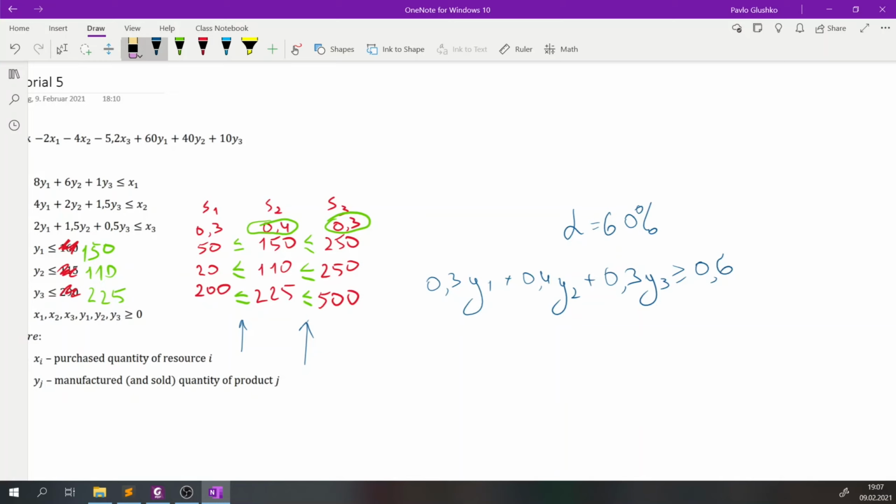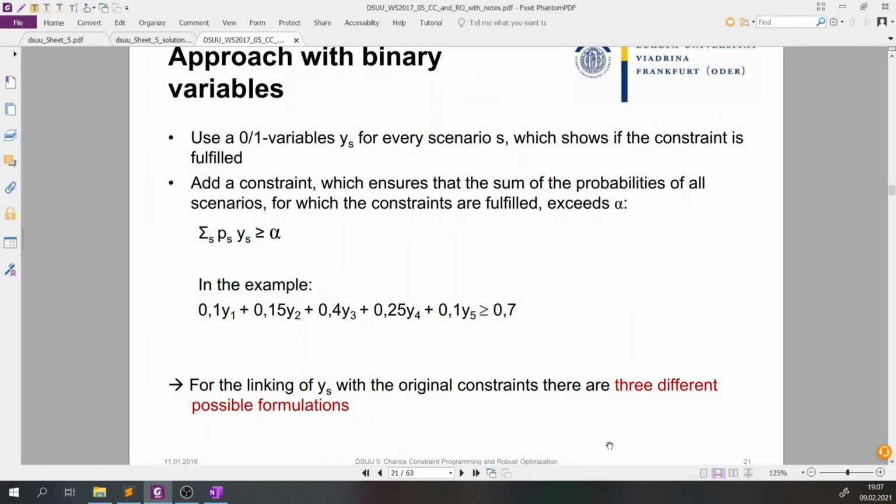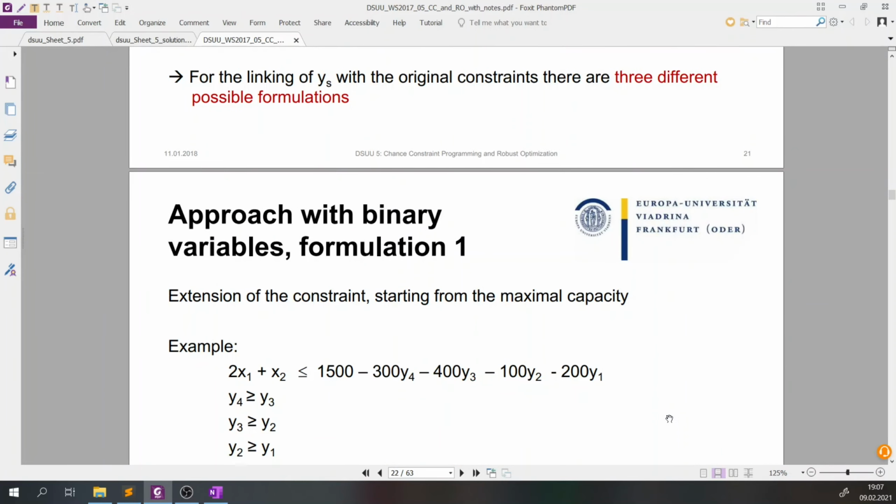So we need to add constraints for this part. We will modify these constraints, and there are basically 3 ways to do it, 3 formulations. You see here in the lecture there are 3 different possible formulations. You have here the examples.